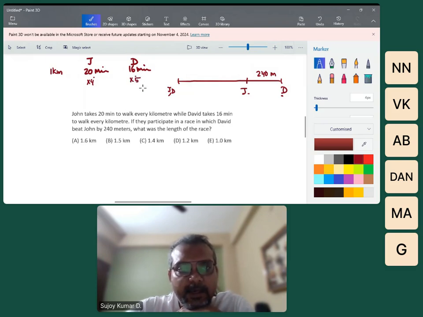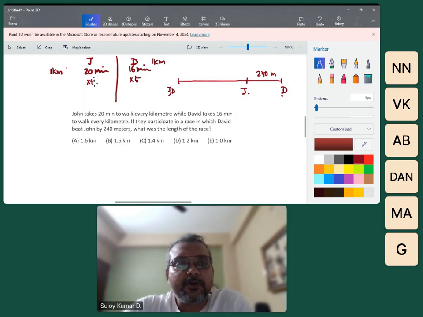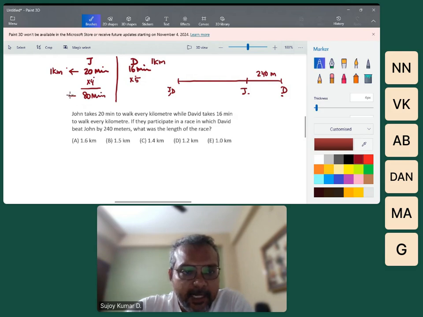This is for 1 kilometer for D and this is 1 kilometer for J. So in 20 minutes, if you travel 1 kilometer, in 80 minutes you would travel 4 kilometers. And this other guy D, in 16 minutes if you travel 1 kilometer, 5 times if you do, in 80 minutes you will travel 5 kilometers. Is that fine, everyone?